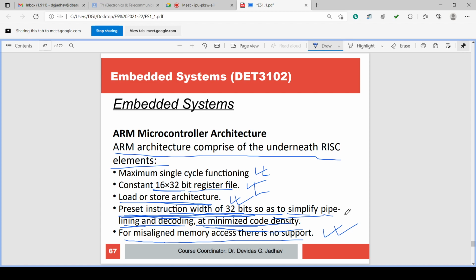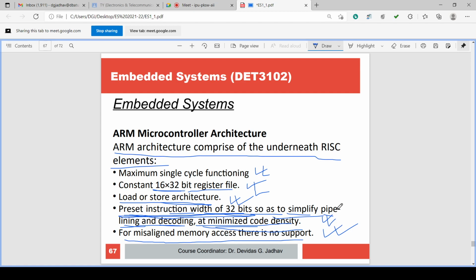Now we have seen decoding in the case of a computer, microcontroller, or microprocessor. To optimize the decoding and enhance its performance, pipelining and parallel processing are introduced. What do you mean by parallel processing? What do you mean by pipelining?